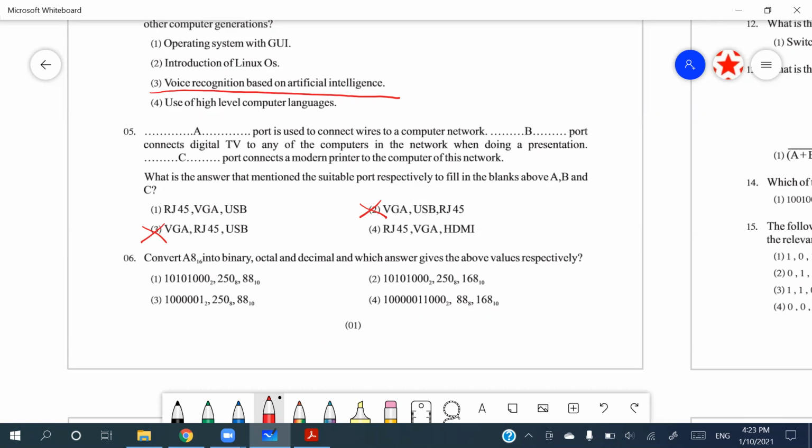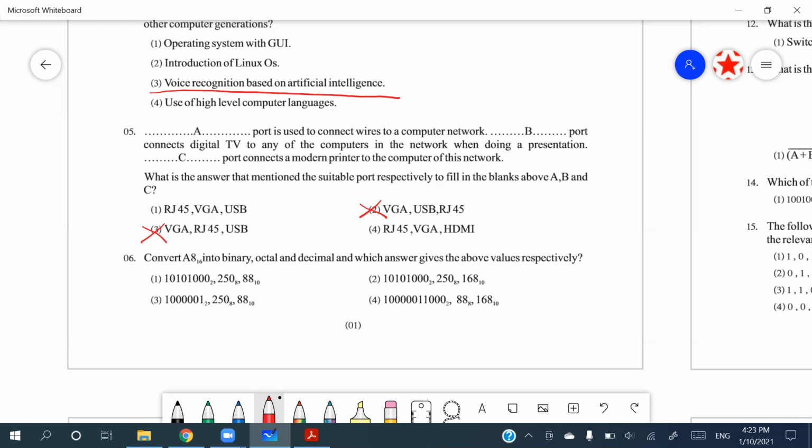And the second one says the blank port connects a digital TV to the computer in a network when doing a presentation, right? So it can be a VGA, but not a USB port. And C says the port connects a modern printer to the computer of this network. So definitely port C is going to be USB, right?